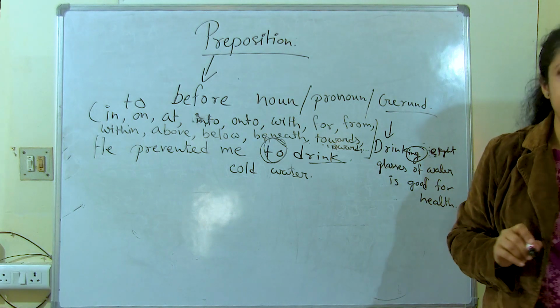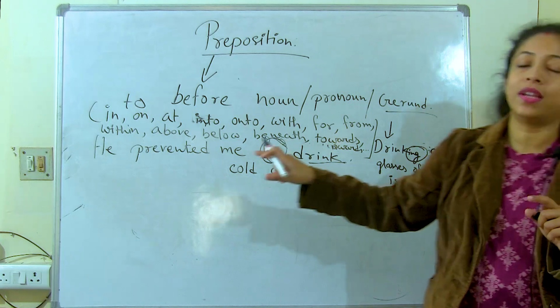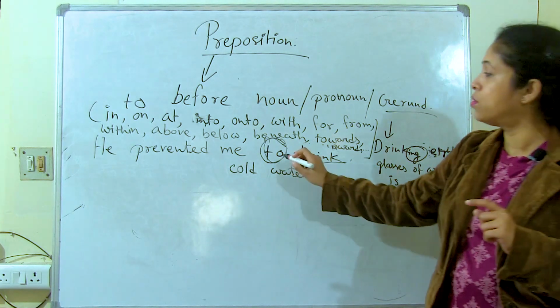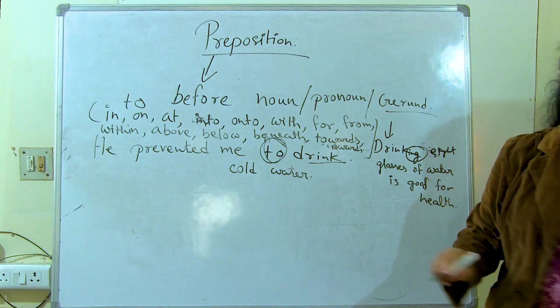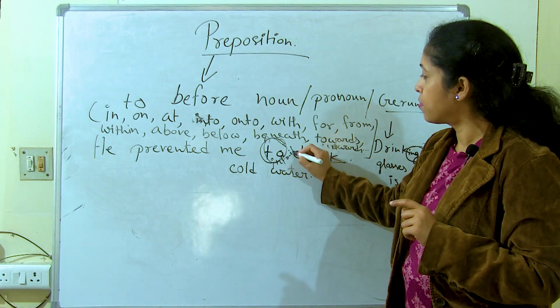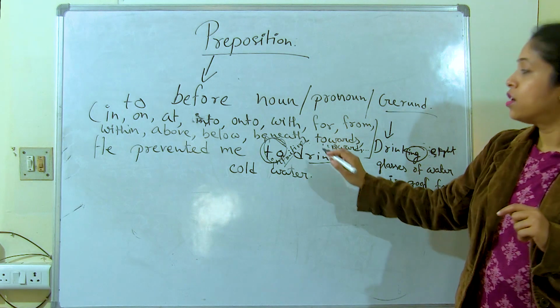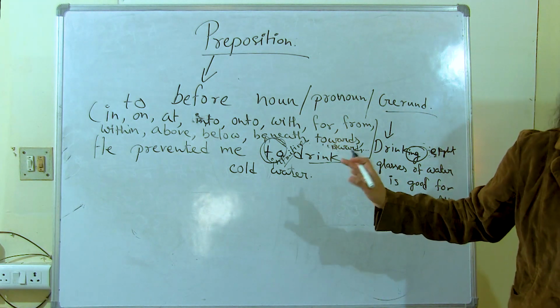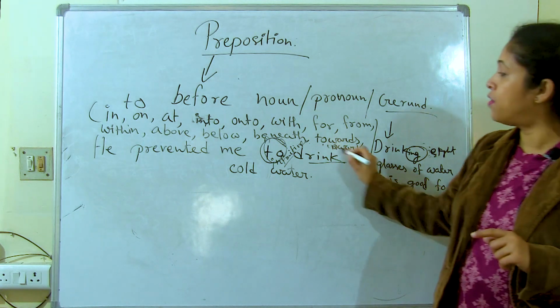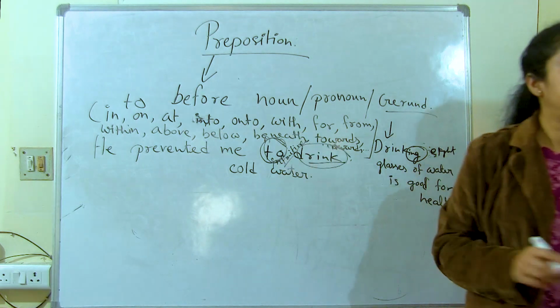Remember this is a very important thing. Whenever you get these kinds of sentences in your exam, don't write that to is a preposition. To here is infinitive, like to drink, to move, to go. Whenever to is used and the verb is not in ing form, then the to is not a preposition.